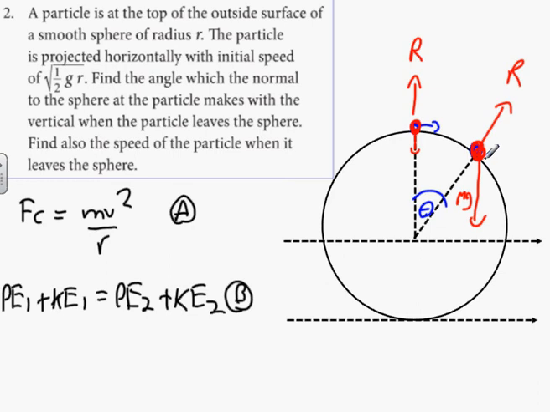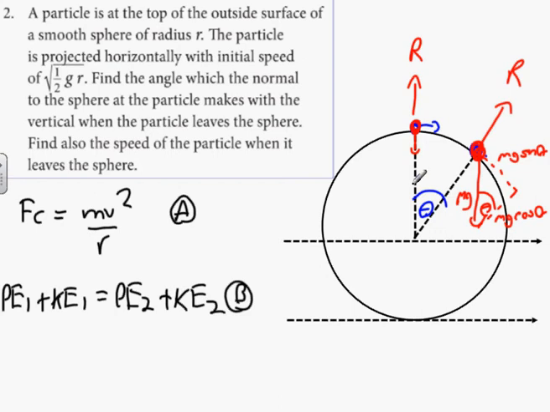So we're going to resolve that along the radius, like I told you. We're going to get theta and 90 minus theta, same as question 1. So that's going to be mg cos theta and mg sin theta. If you don't understand that, you're going to have to look at the video on question 1, where I went over it in detail.